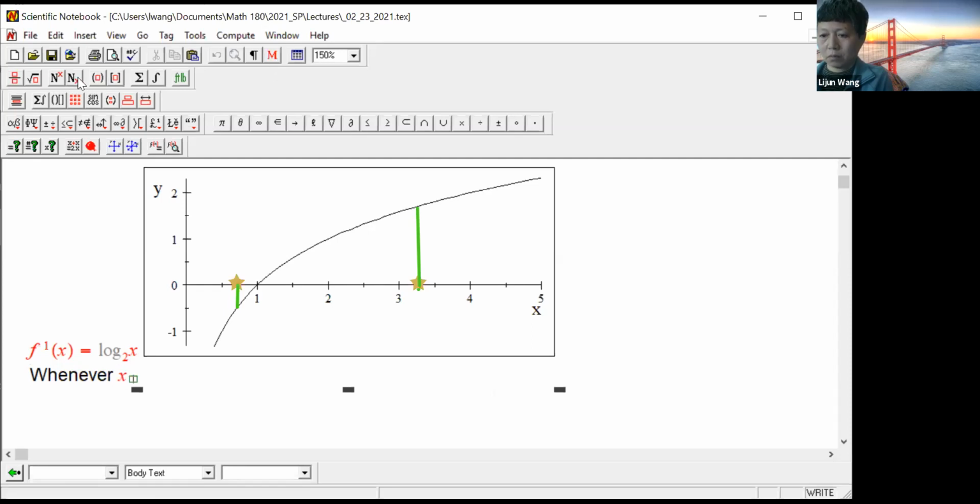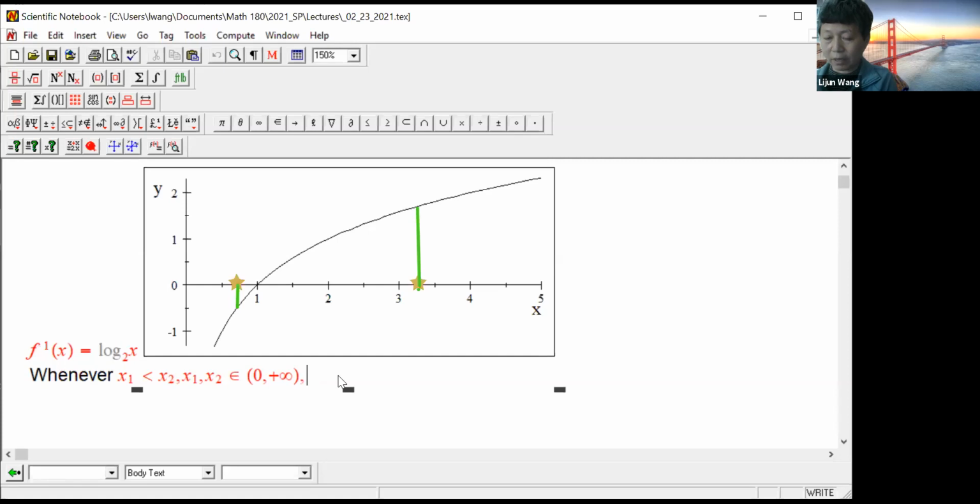X sub 1 is less than X sub 2. But you also have to tell the reader X sub 1, comma, X sub 2 are from the domain, which is 0 to positive infinity.